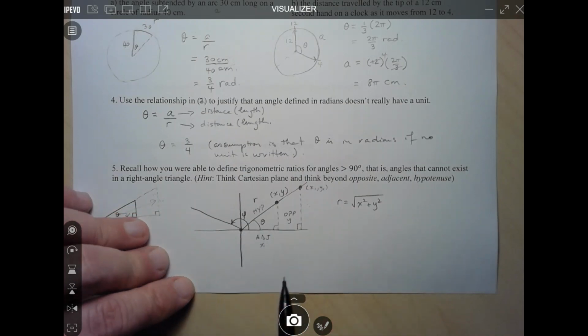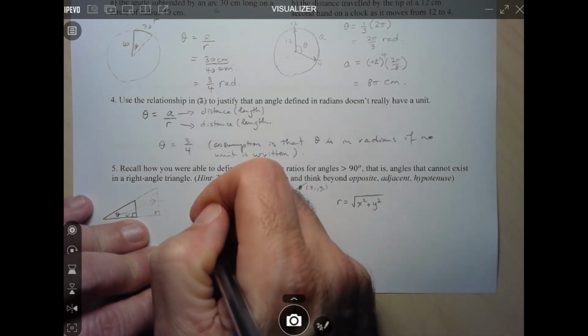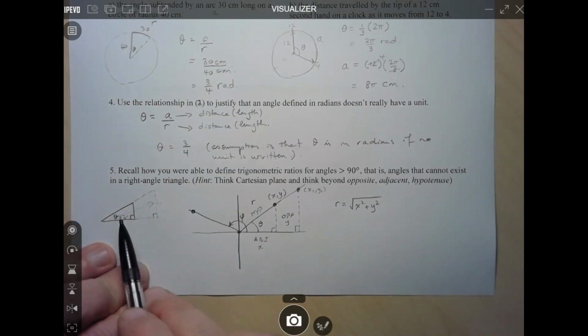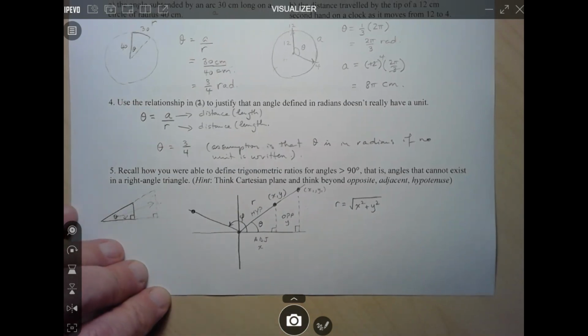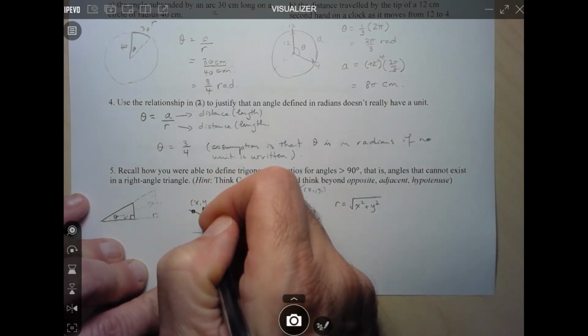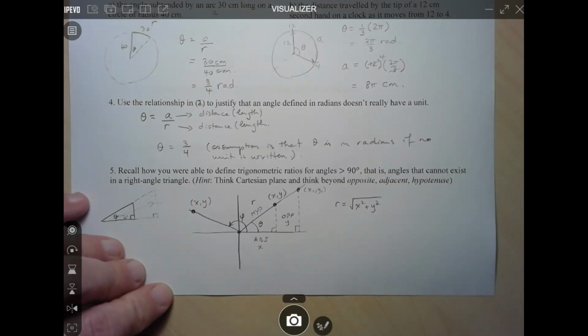Because that means if I'm on some terminal arm where this angle, say phi, can't live inside a right angle triangle, I now have a way of defining my trig ratios.